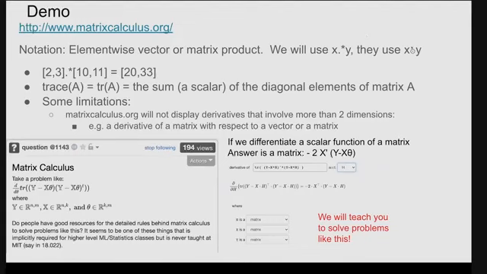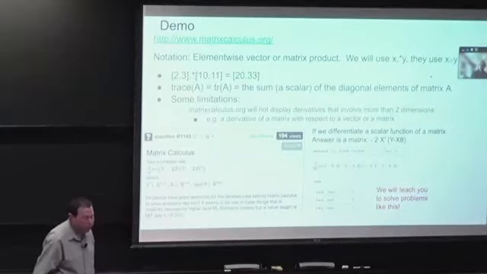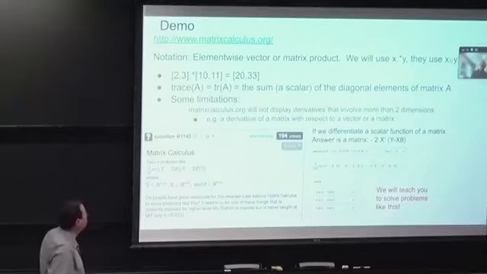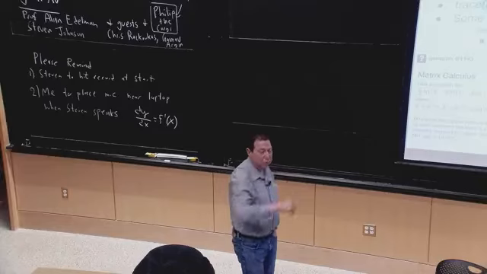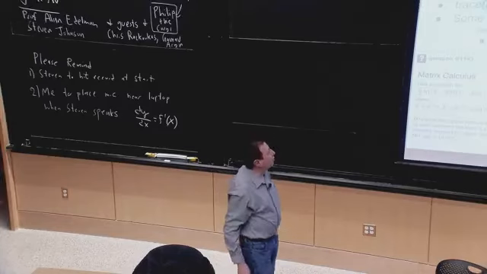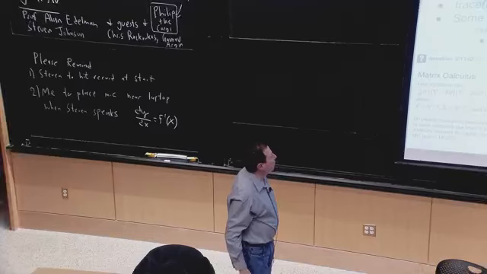In this little demo, you'll also see some people use a dot with a circle around it to indicate point-wise multiply. I'll also remind you, in case linear algebra was too long ago, the trace of a matrix: if you have a big square matrix, you look at the diagonal and add up all the numbers, and that's the trace.